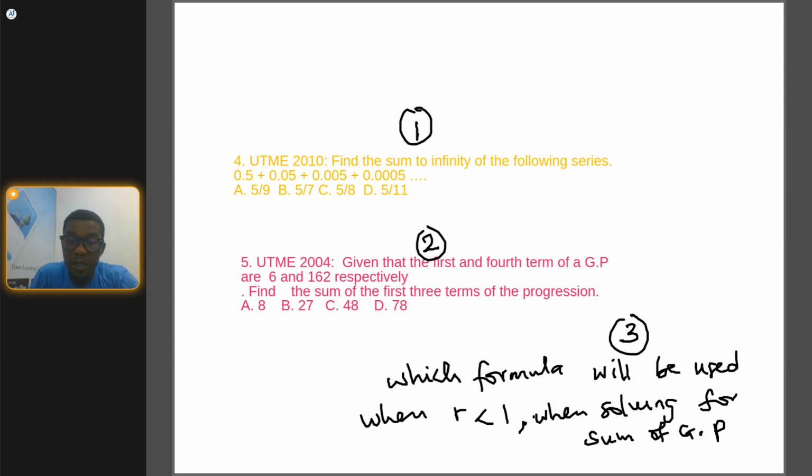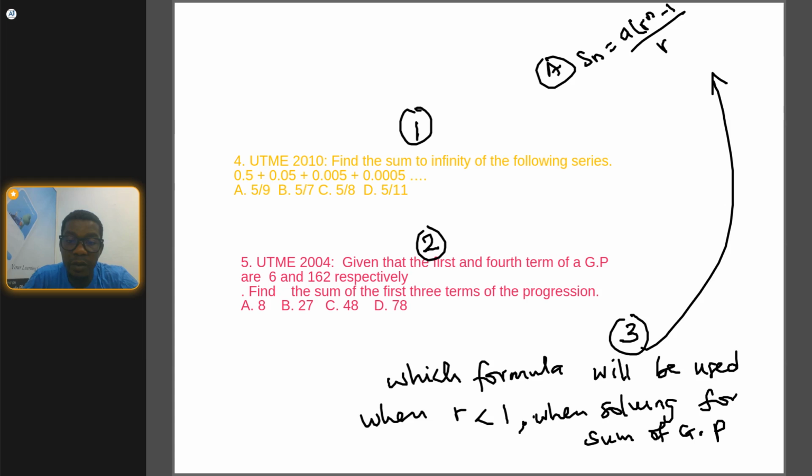Option A: Xn is equals to A open bracket r to the power n minus 1 all over r minus 1. Option B: Xn equals to A open bracket 1 minus r raised to power n all over 1 minus r. So I have two options for question 3. You have to tell me whether A or B in the comment section.